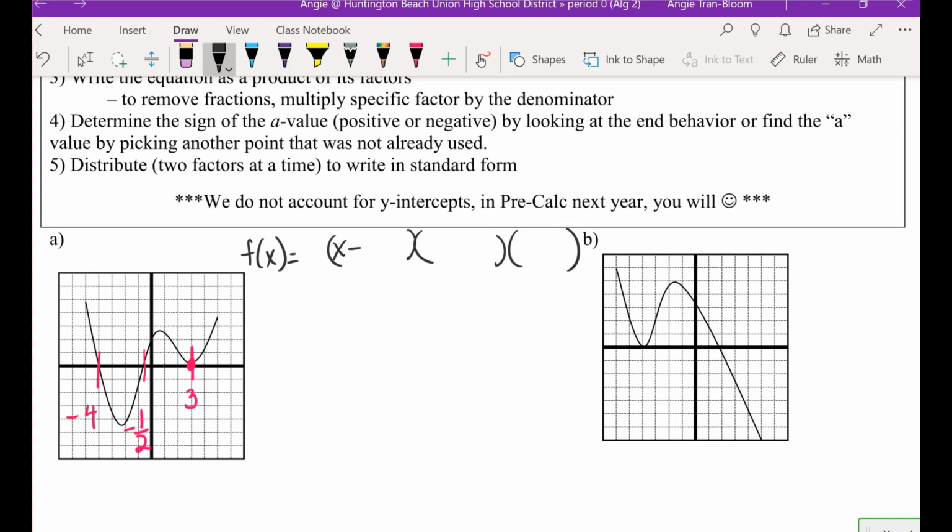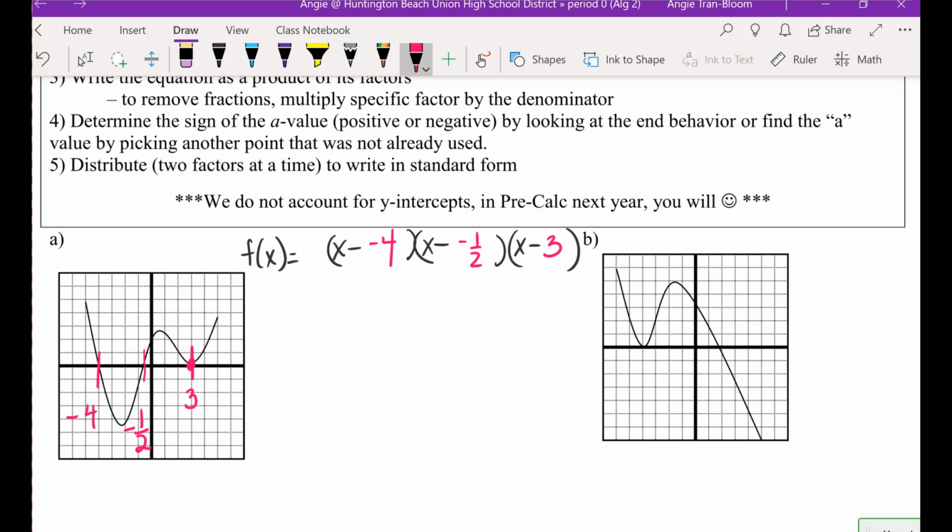You will start with x minus, those still the same. But here we go. We're going to plug in the negative 4. We're going to plug in the negative half. And we're going to plug in the 3. You have to look at each x-intercept and see if it crosses or bounces. At negative 4, crosses or bounces? Cross.